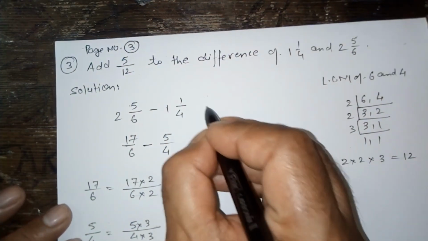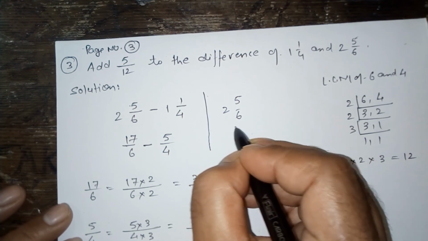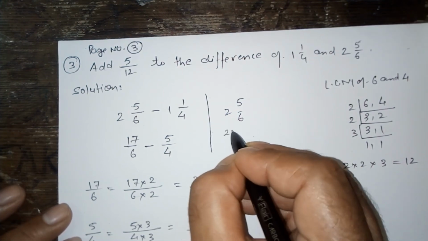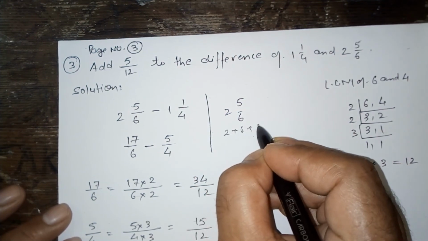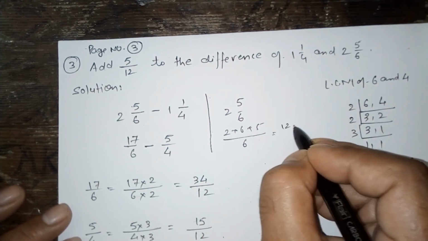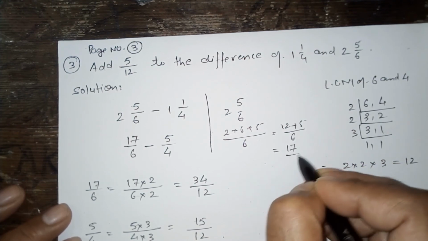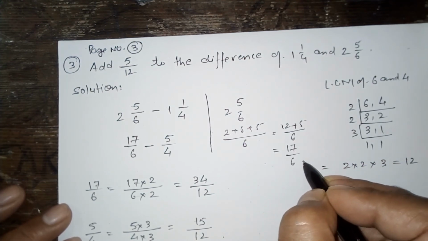Now look here. Suppose this is 2 and 5 upon 6. So what will you do? 2 into 6 plus 5 upon 6, 2 sixes are 12 plus 5 upon 6, it will give you 17 upon 6. Okay.